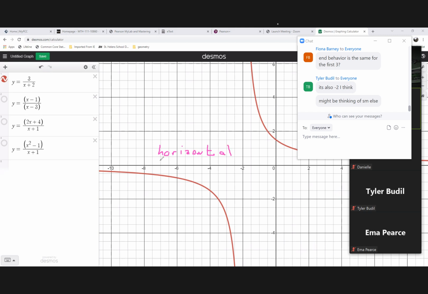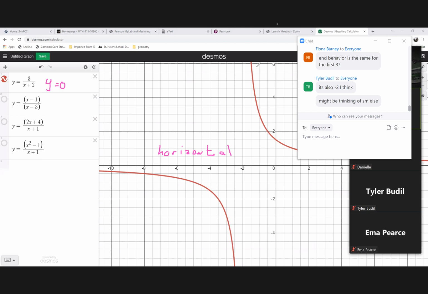I'm going to just stick with the horizontal part. So this is a horizontal asymptote. When we see this type of bending action or flattening out and leveling, we say that's called a horizontal asymptote. And in this case, the horizontal asymptote was at 0.